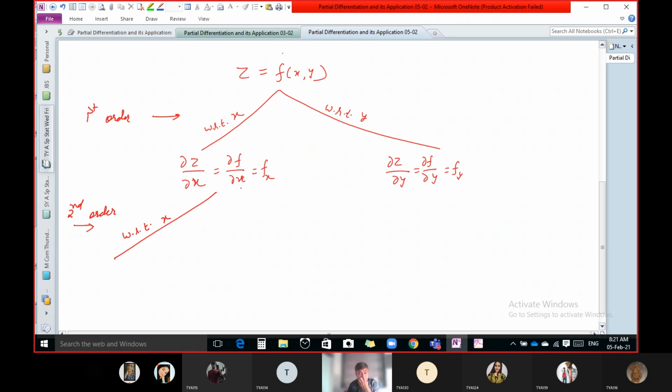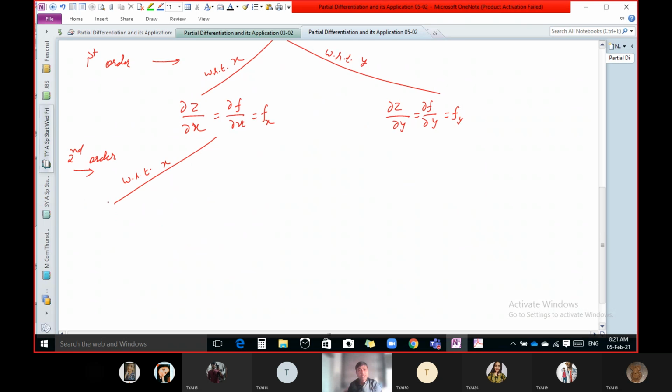Differentiating this delta z upon delta x with respect to x again, it is delta square z upon delta x square. So once again second order derivative, or you can say it is delta square f upon delta x square, or simply you can write fxx.